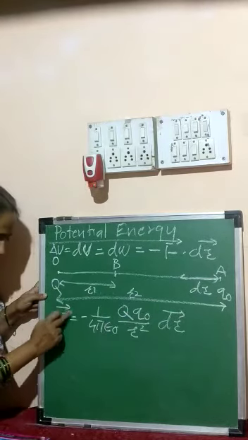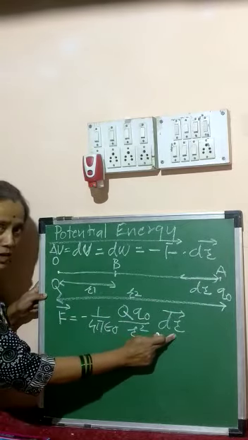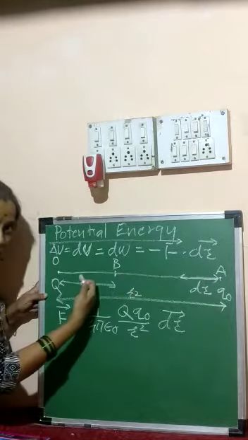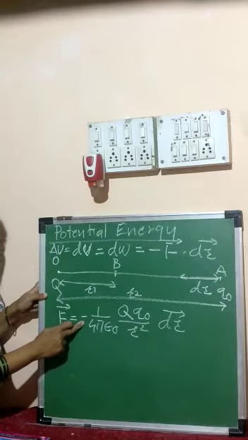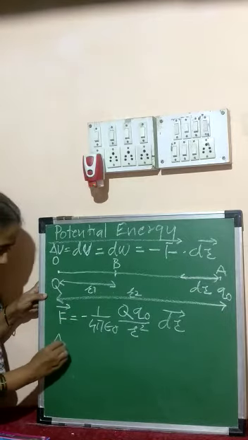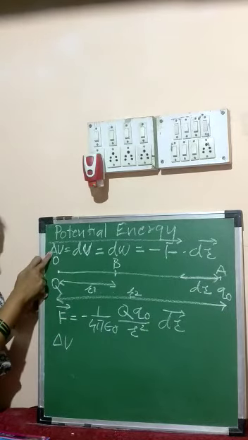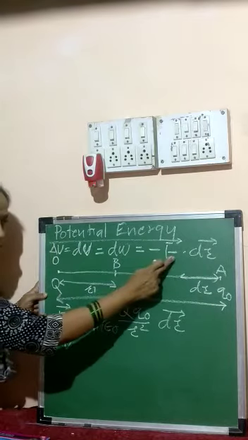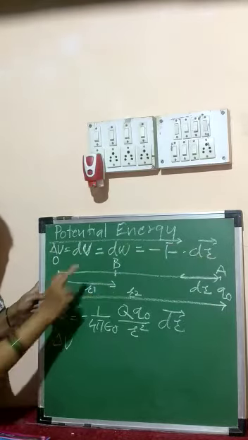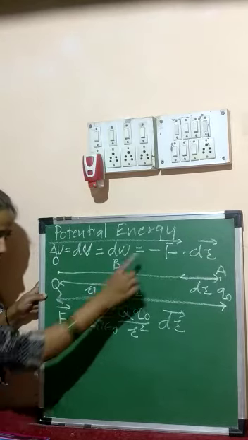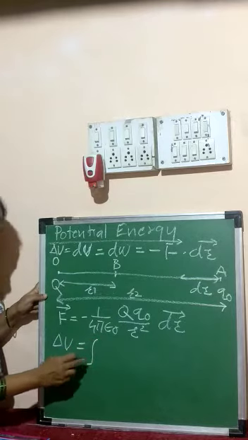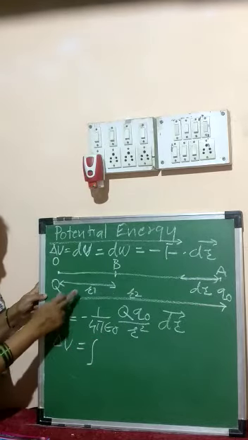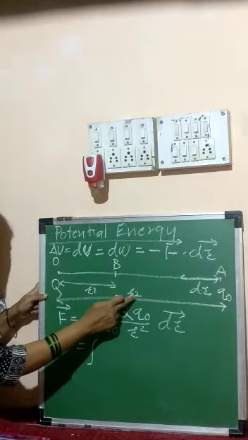So what does it indicate? The direction of force and the direction of dr are opposite, since displacement towards the plus Q charge is opposite to the force. This negative sign indicates that opposite direction. So now the change in potential energy dU can be written with F and dr as an integration, because there are distance limits.